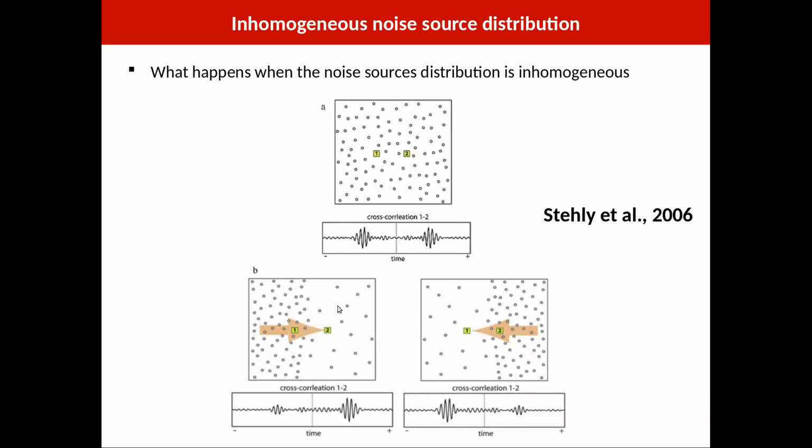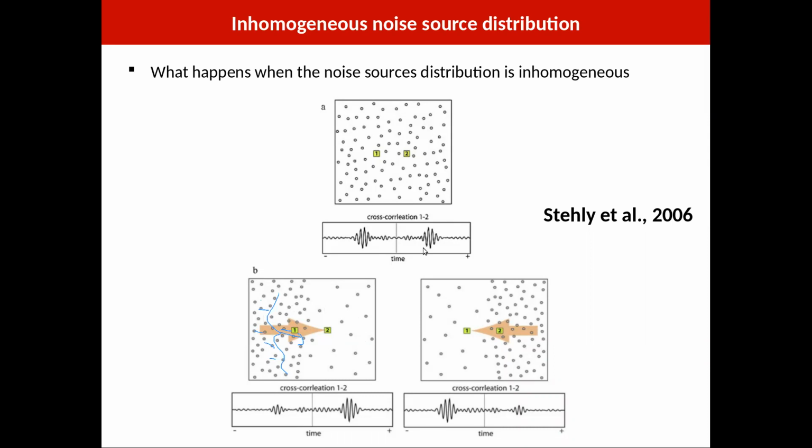In the case where you have more noise sources behind one station than the other, this is the inhomogeneous case. Let's say this is the ocean, so you have all the ocean waves coming in this way, okay, then definitely the noise sources here are greater than the ones behind station 2.